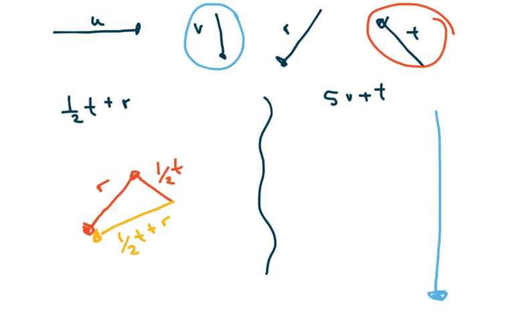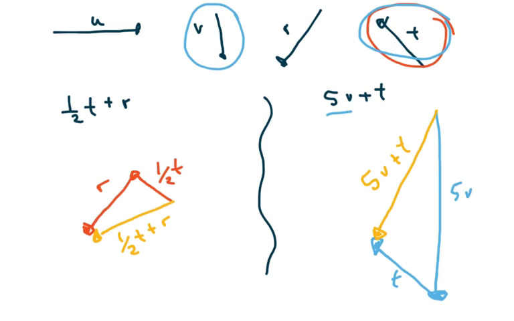Then I'm going to add my T. My T is here. So I'm going to, from tail to tip, draw my T. This is 5V. This is my T. And I start with this and get my resultant vector, which is 5V plus T.